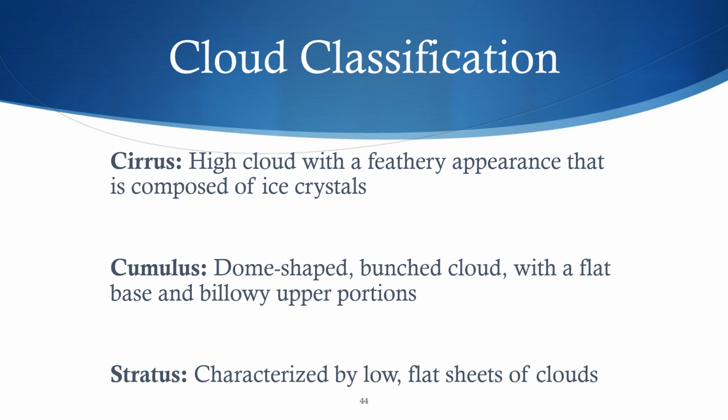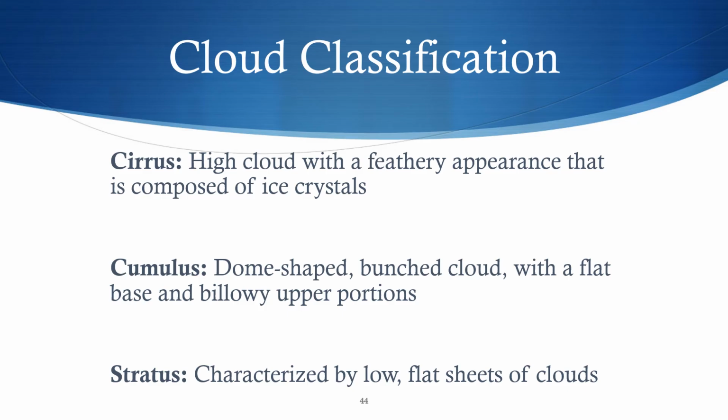Cumuliform clouds are dome-shaped clouds. These come from the Latin word cumulo, which translates to dome-shaped. These are those big, fat, poofy clouds that look like piles of mashed potatoes or piled up marshmallows, cotton balls. These are bunched clouds.